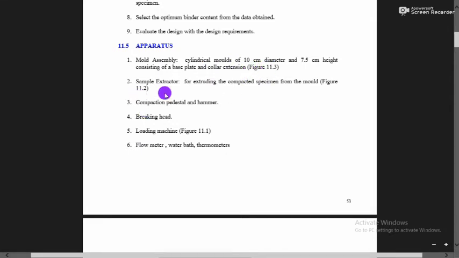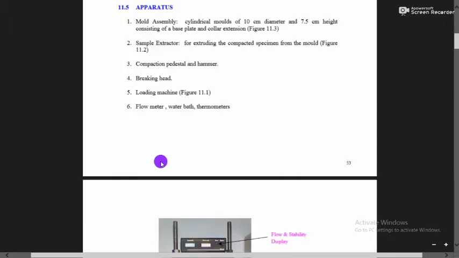Sample extractor for extruding the compacted specimen from the mold. 3. Compaction pedestal and hammer. Figure 11.2. 4. Breaking head. 5. Loading machine. Figure 11.1. 6. Flow meter, water bath and thermometer.